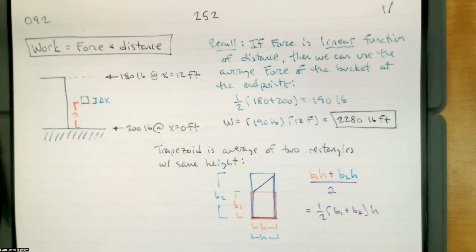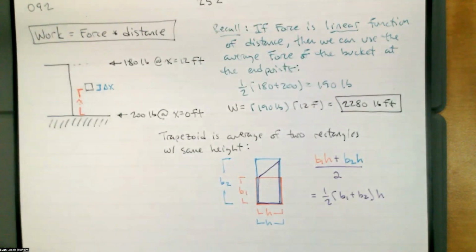So what if we use just some different kind of function? Then our average wouldn't be 190. So let's suppose that we had an exponential function from 200 down to 180.